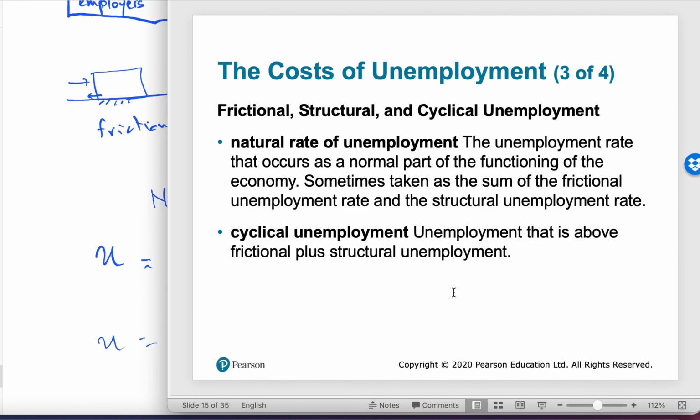It means that we are pushing too much. It's most probably leading to inflation, because more money is being pumped in to make those who are frictionally unemployed accept to come to the workforce. So this is what we should know about unemployment.